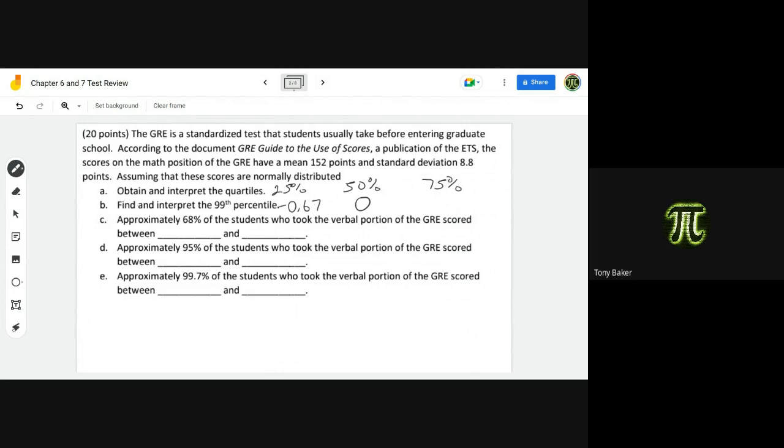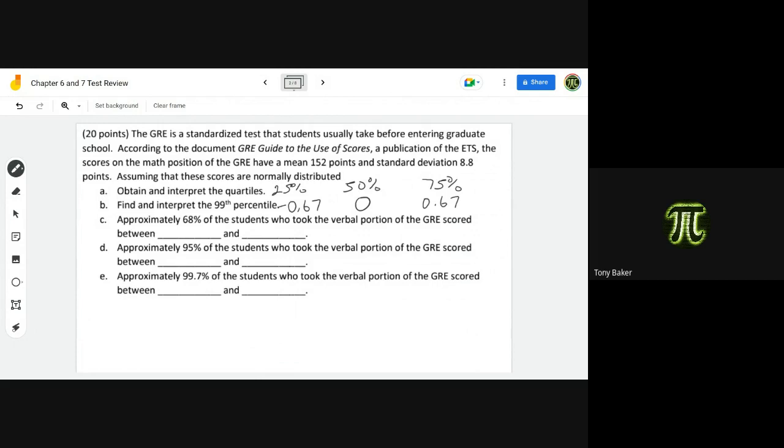And the 75% we have to find, and we get 0.67. Does that make sense? Because remember, it's symmetric, right? So if I go 25% on one side, it'd have to be the exact same on the other side.